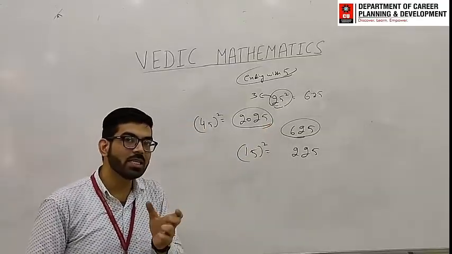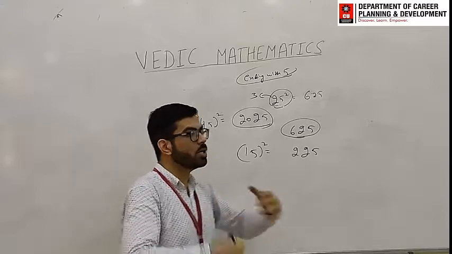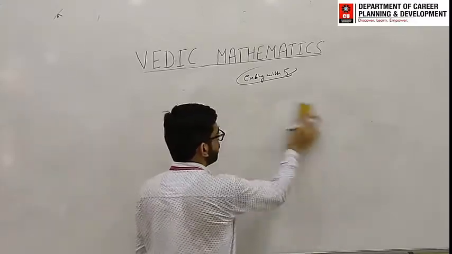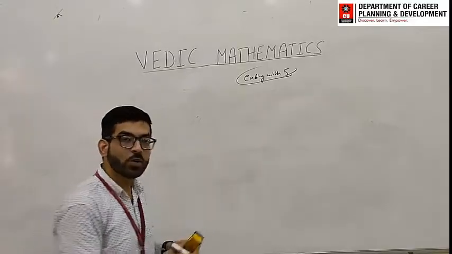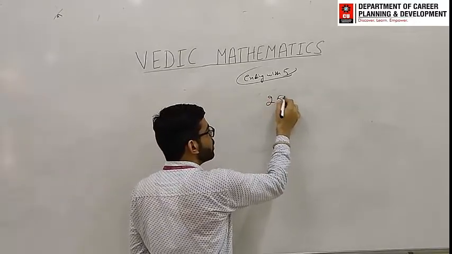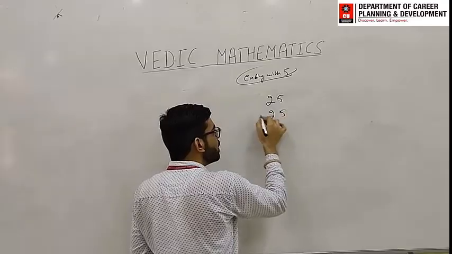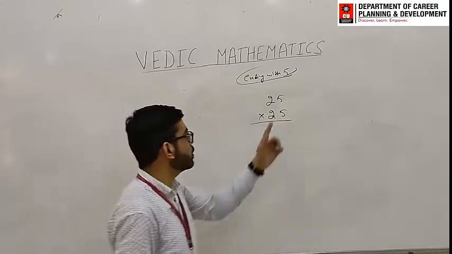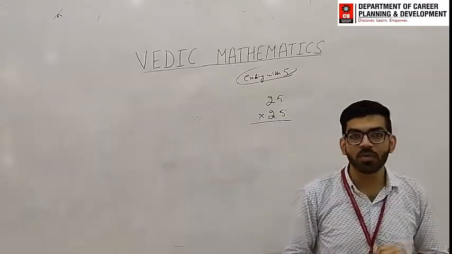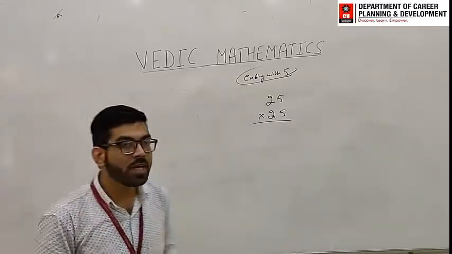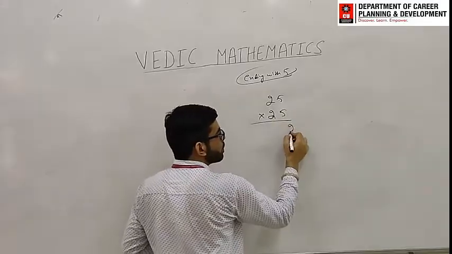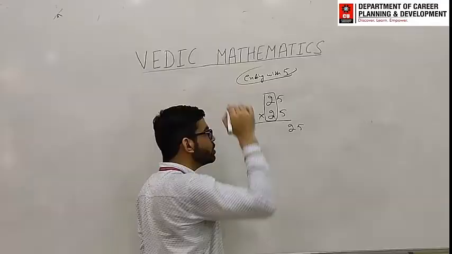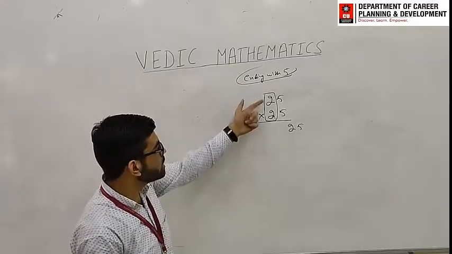Okay, just analyze one thing, because from here another trick is found. Whenever we write square of 25, that number could be written as 25 multiplied by 25, right? Now analyze what we did here: 5 into 5, 25, and the tens place digit is the same.